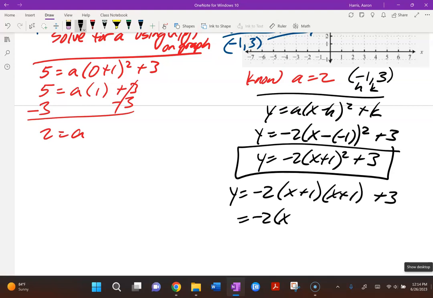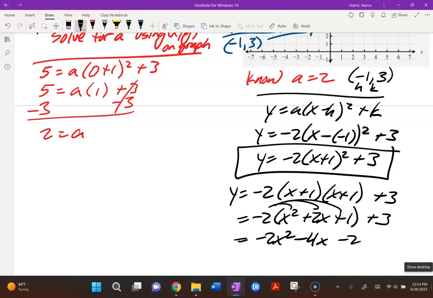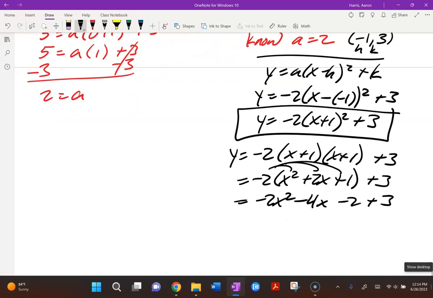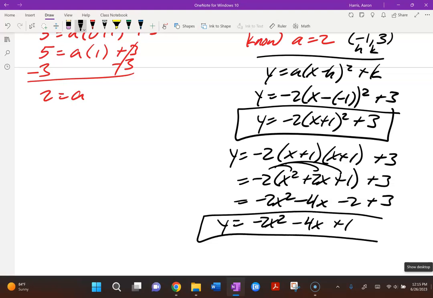That's not incorrect. Distribute that. Combine like terms at the end. And that's the standard form. So either of those is correct on that.